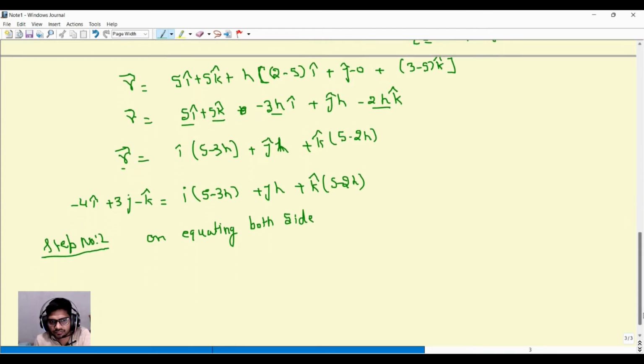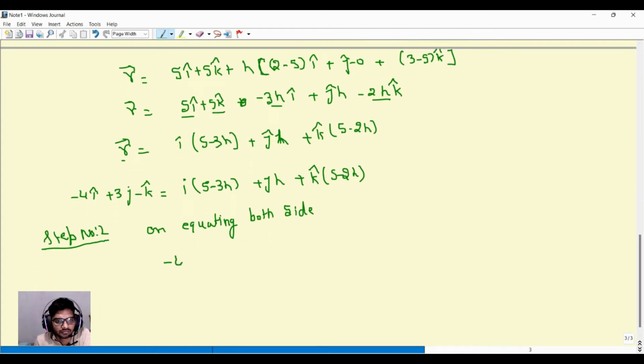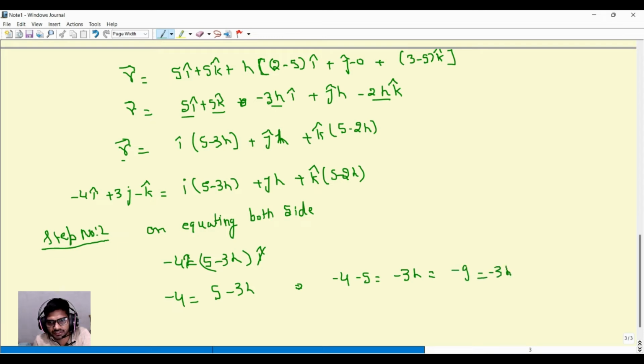Equating both sides, we find lambda. Minus 4 equals 5 minus 3 lambda, so minus 4 minus 5 equals minus 3 lambda, minus 9 equals minus 3 lambda, so lambda equals 3.